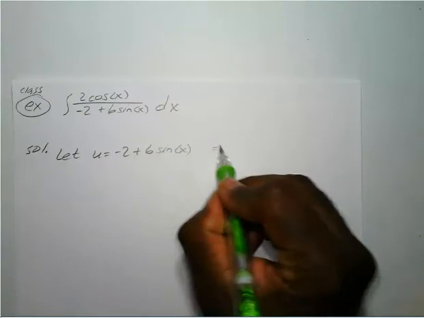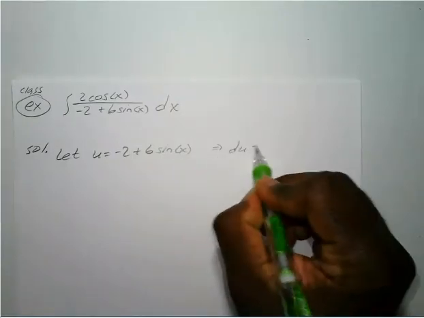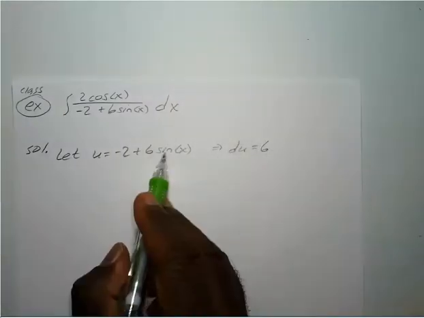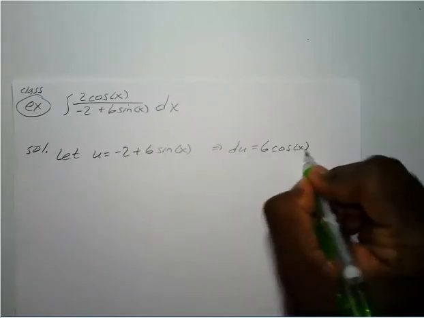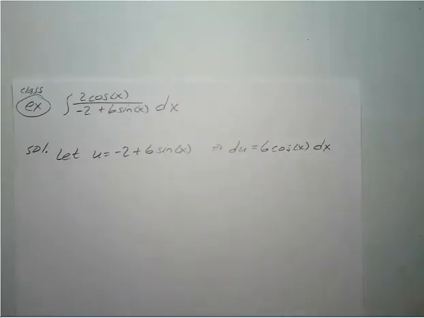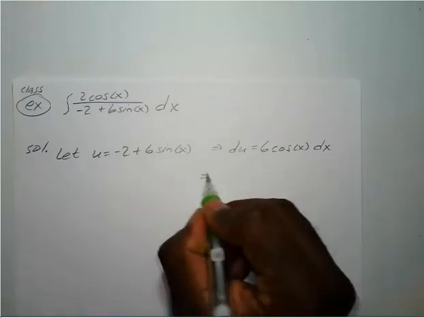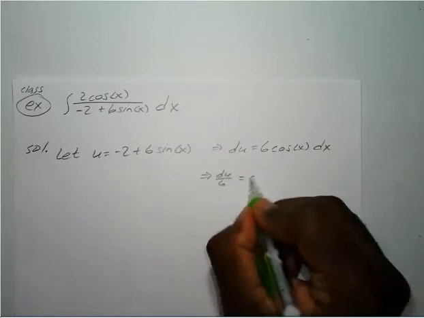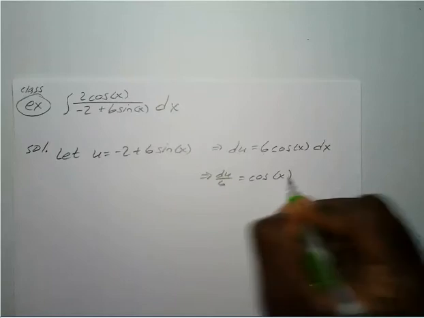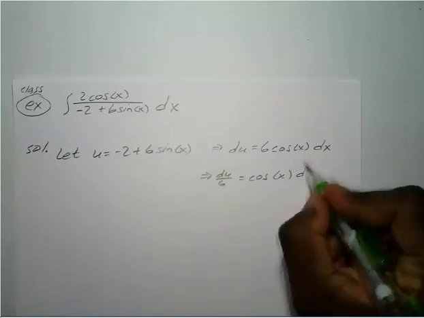That means your du is going to equal 6 cosine of x dx, since the derivative of sine is cosine. We divide both sides by 6, and that gives us du over 6 is equal to cosine of x dx.